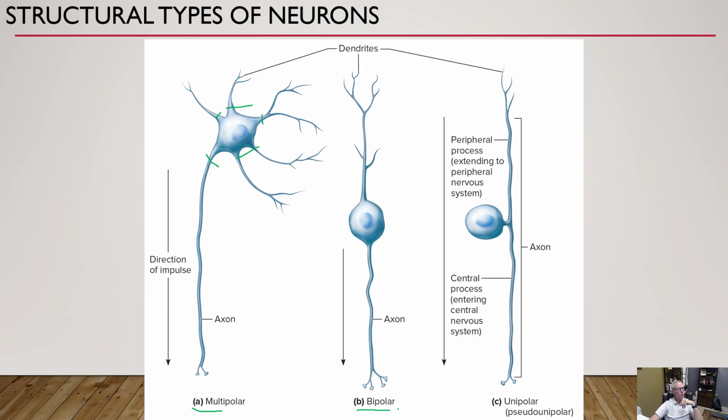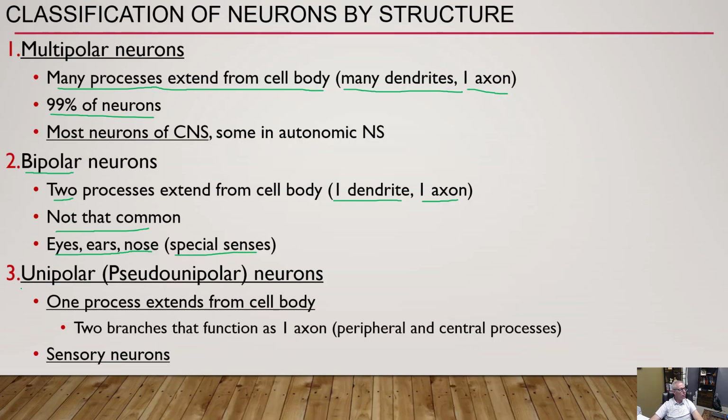So this is our bipolar neuron. We still have lots of dendrites, but we only have one main dendrite coming off of the cell body and one axon coming off of the cell body. Unipolar neuron. We also call them pseudo-unipolar. No one ever says pseudo-unipolar.